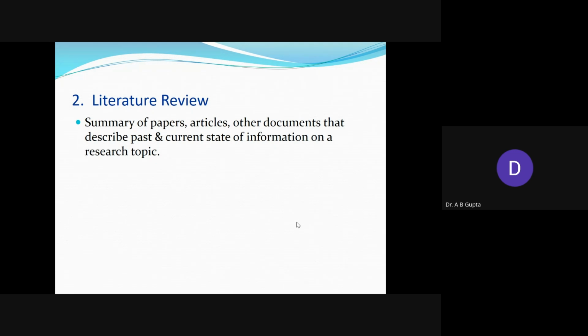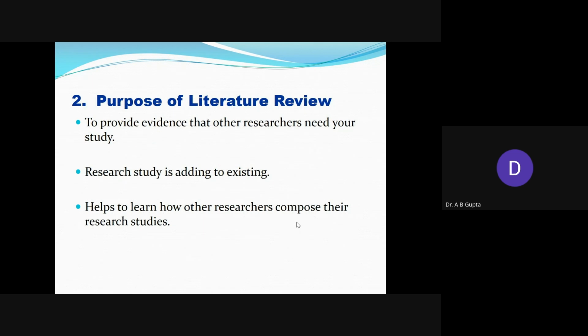What is happening at present related to the issue that you have identified for your research study? What is the current state of information related to that topic? What has already happened? If some research has already been done related to that topic, collect that information. That is your literature review.